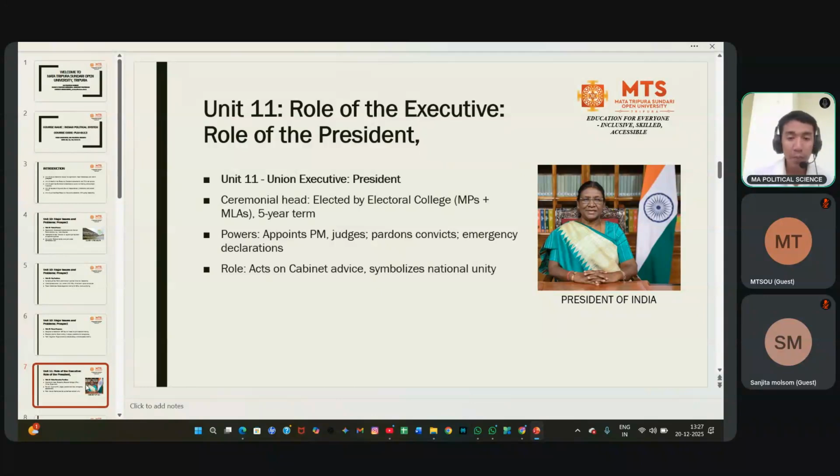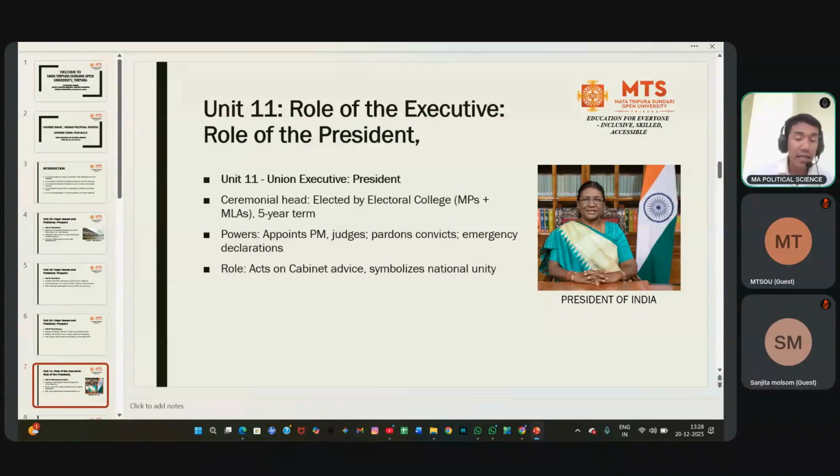What is the role of the president? The president appoints the prime minister and the judges. The president can forgive convicts who are going to jail, and even those who are given a sentence of death by hanging. Sometimes the president has the power to forgive.